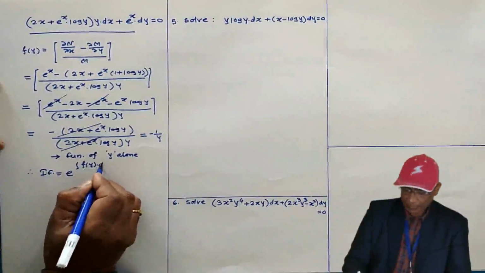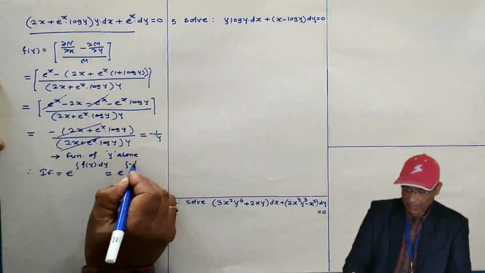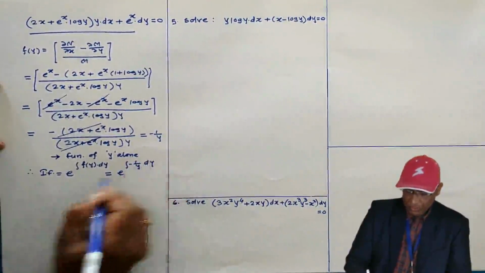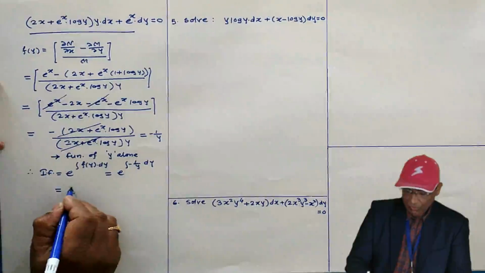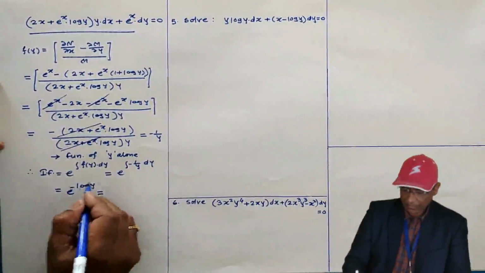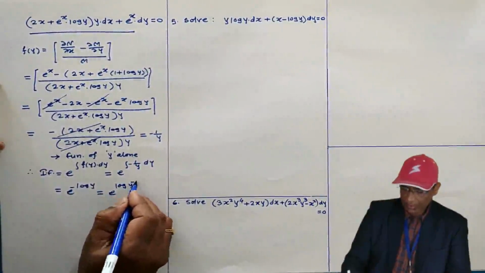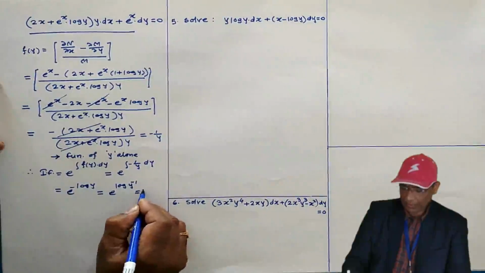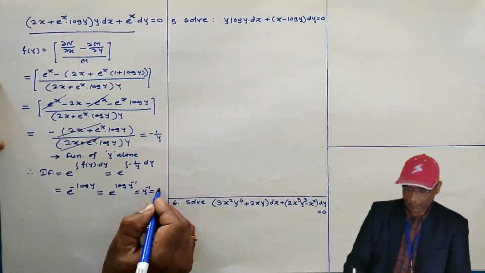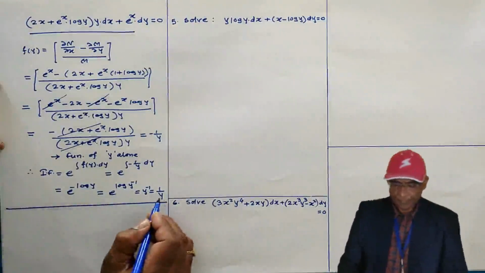Fy is minus 1 by y. Minus is outside, integral of 1 by y is log y. This minus 1 can be brought here by the law of logarithm, as y to the power minus 1. E and log will disappear. Y to the power minus 1 is 1 by y. So this is the integrating factor we have calculated.